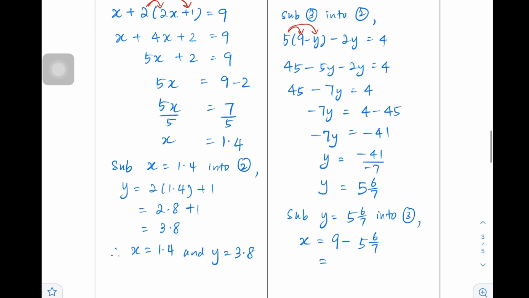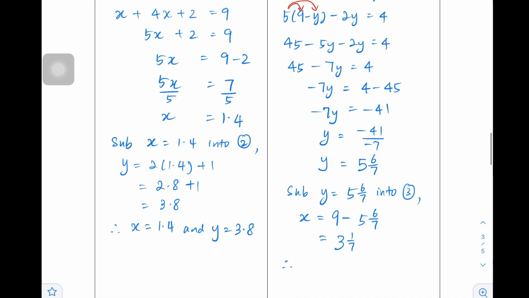If I substitute in, I will be able to find 3 and 1 over 7 as my answer for x. So now I can write my final answer as x equals 3 and 1 over 7 and y equals 5 and 6 over 7.